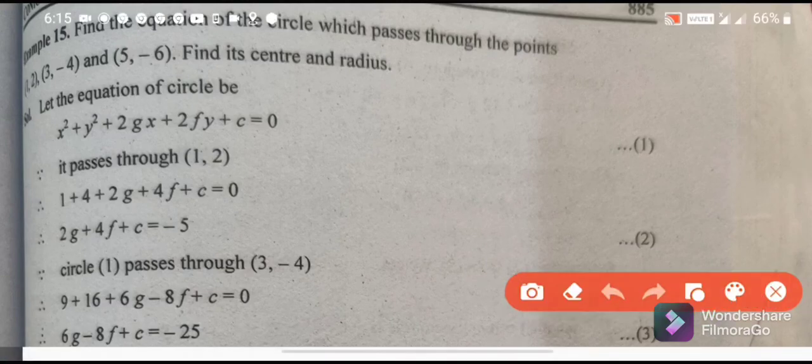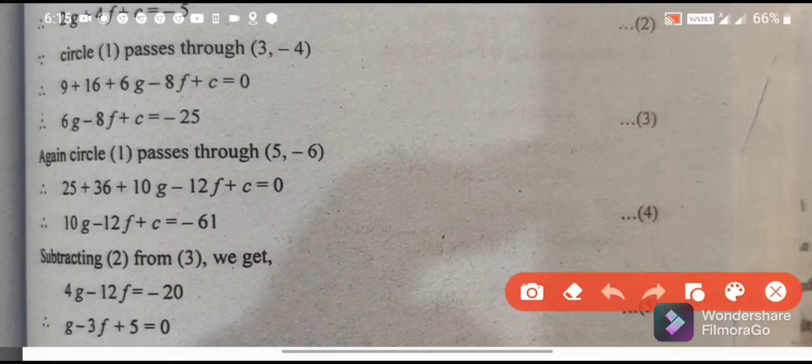Similarly, the point (3, -4) also satisfies the equation. Now put x is equal to 3 and y is equal to -4 and simplify. For (3, -4) and (5, -6), we get this equation.